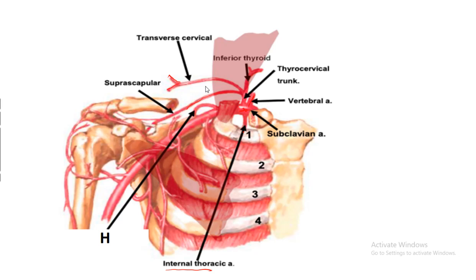So the major arteries which are a branch of the thyrocervical trunk are, one, the inferior thyroid artery, two, the transverse cervical, and also the suprascapular artery. That's very important for your theory MCQ questions.